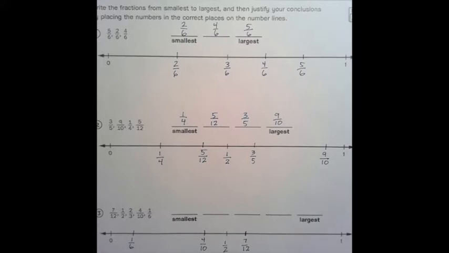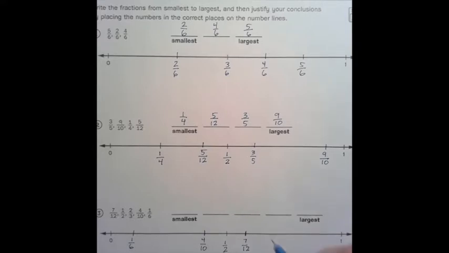So we're going to put 12ths down here. 3 times what will give you 12? Well, we know that 3 times 4 is 12. So whatever we do to the bottom, we got to do to the top. 2 times 4 is 8. So we know that 8/12 is equivalent to 2/3.